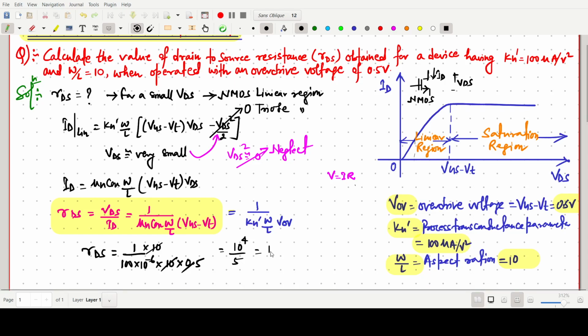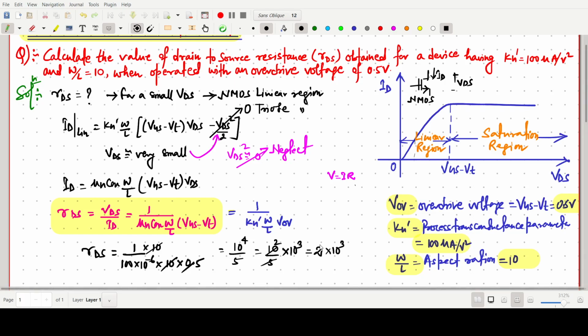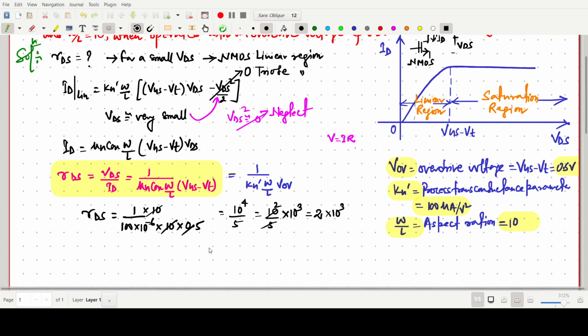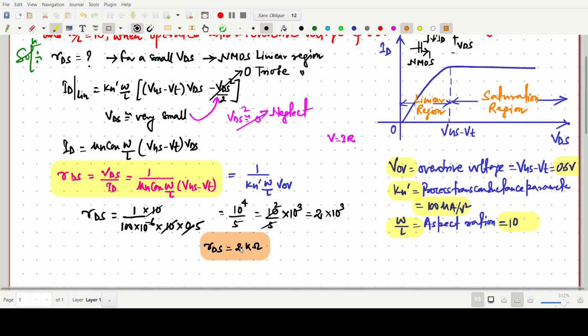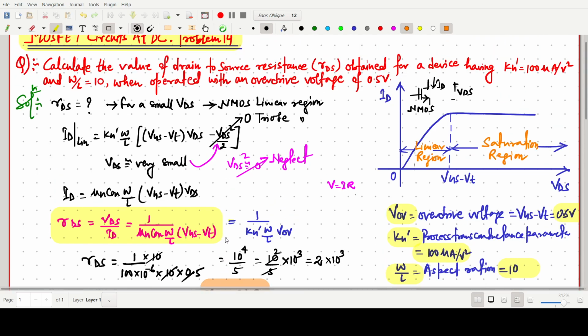Then 10 by 5 is simply 2, so 2 into 10 to the power 3. So RDS will be 2 kilo ohm. This is the final answer: the RDS value will be 2 kilo ohm.